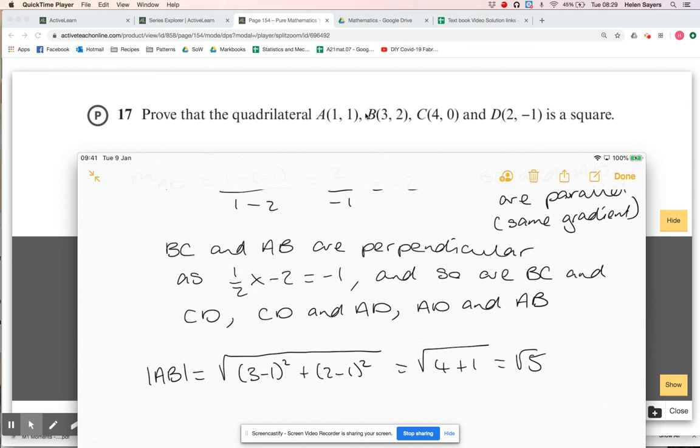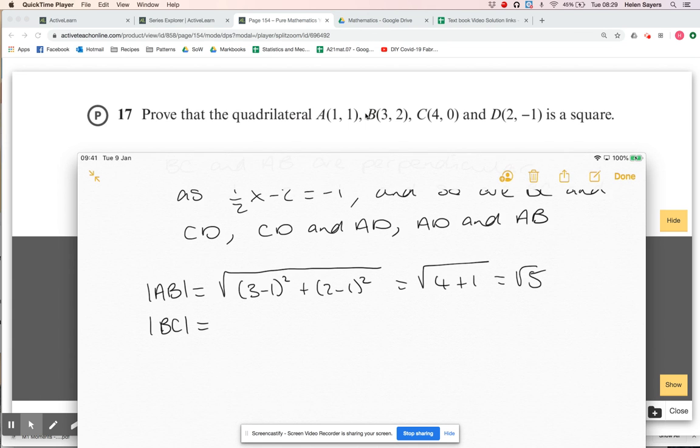Hopefully all the others will be this root 5 as well, and if they're not, then I need to check that calculation. So BC is going to be the square root of 4 minus 3 all squared plus 0 minus 2 all squared. Again, the first bracket is 1 squared, the second bracket is minus 2 squared. Okay, so far so good.